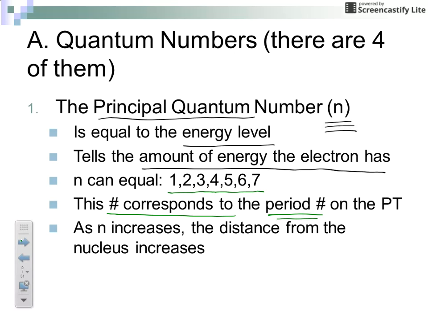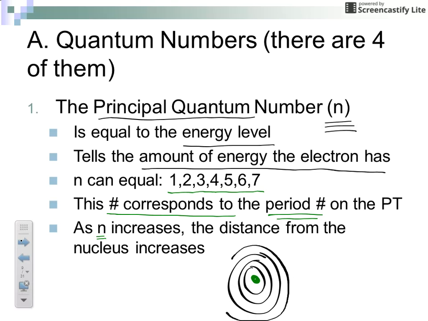One thing you notice in your atom is your energy levels. This represents your nucleus, and you have your energy levels surrounding your nucleus. I can't get 7 energy levels here in my space, but as I keep adding energy levels, as we talked about when we talked about sizes of atoms, this will be equal to n equals 1, the first energy level.